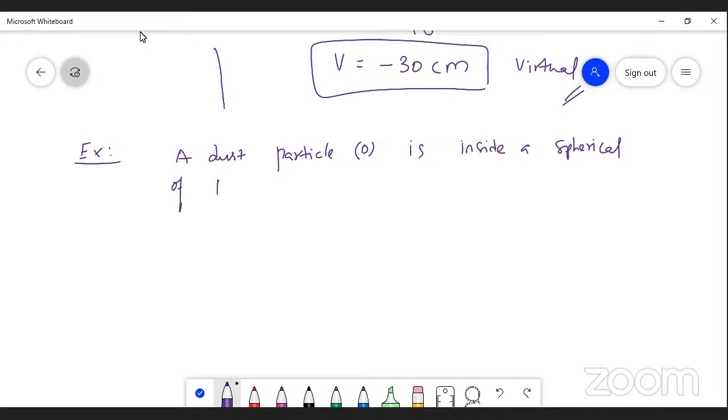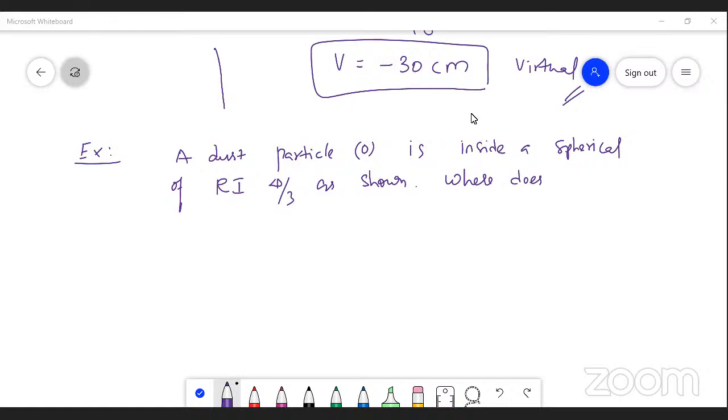The dust particle. A dust particle is inside a sphere of refractive index 4/3. Where does it appear to an observer outside the sphere?